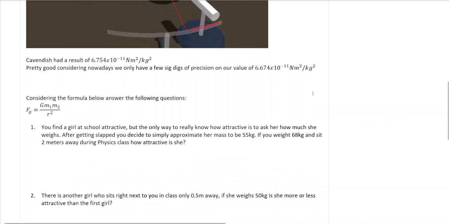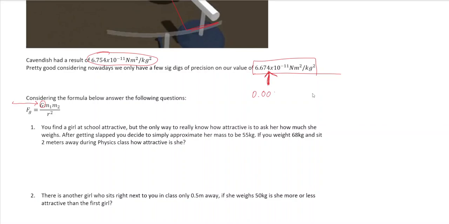Capital G is the value in this formula here. Cavendish had a result of approximately that, which is pretty darn good because our value nowadays is just here. The 4 is actually as precise as we can be. After that, it's 0.0003 plus or minus 0.00015, I believe, are the numbers.